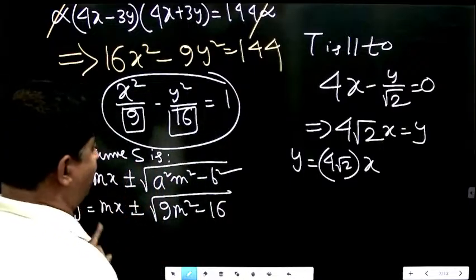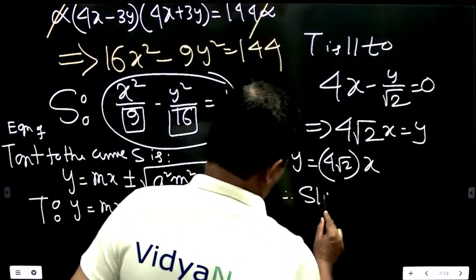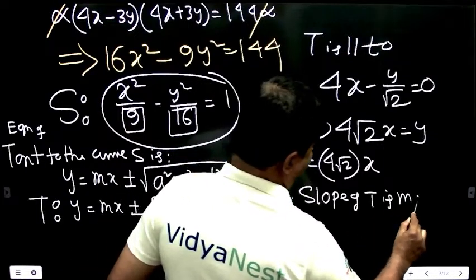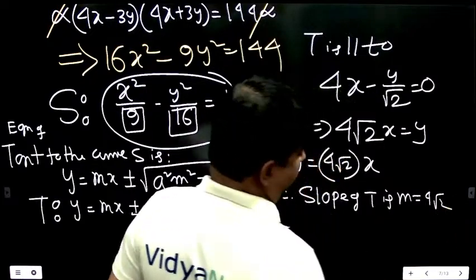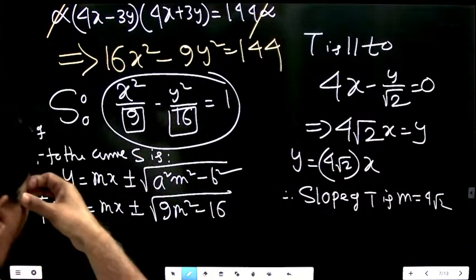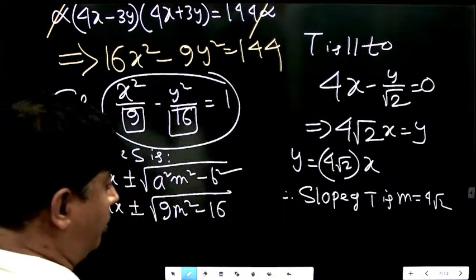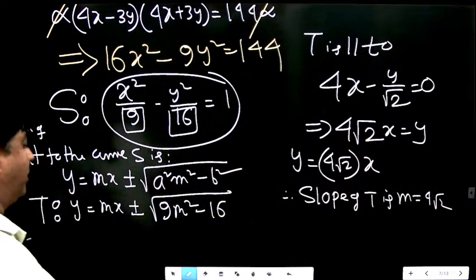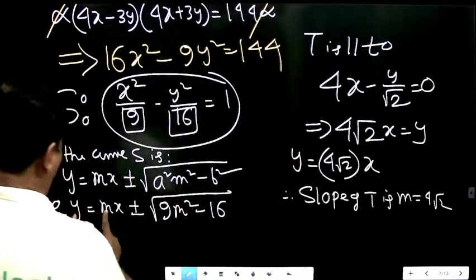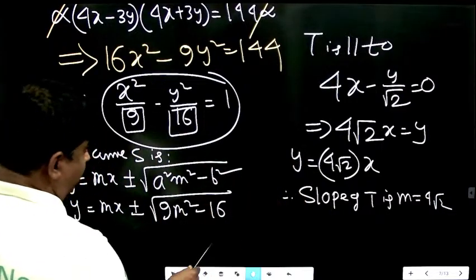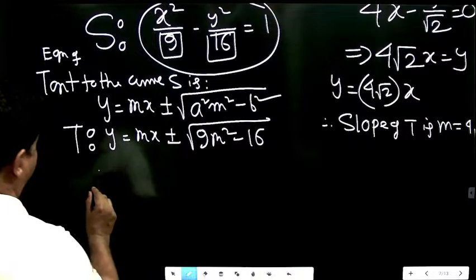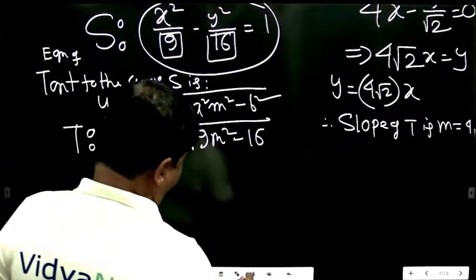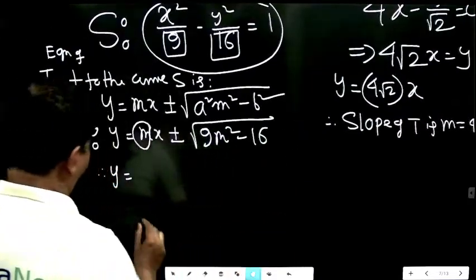That means slope of T is m, 4 root 2. So you directly drag this and put here. देखो क्या है, y equals mx, m is 4 root 2.